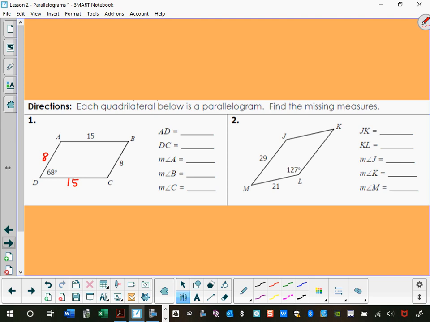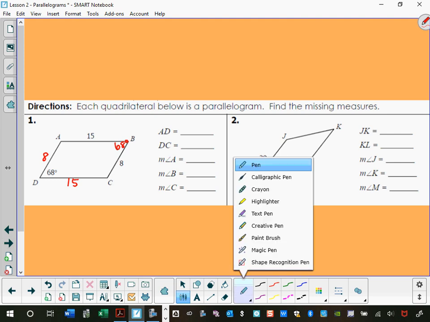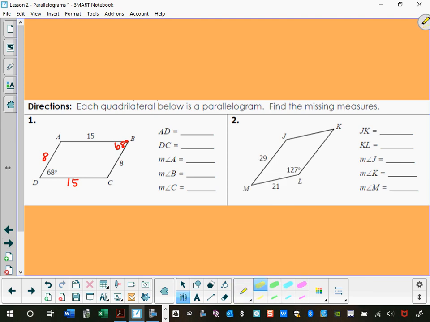All right, then it says opposite angles are congruent. So what is congruent to angle D, which is 68 degrees? B. So this would be 68 degrees. I have angle D, how can I find angle A?